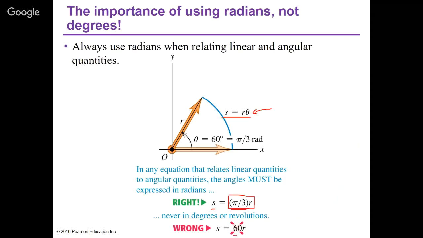It is incorrect to use 60 degrees here. That's just not sensible. This is why we want to use the radian unit as opposed to degrees.